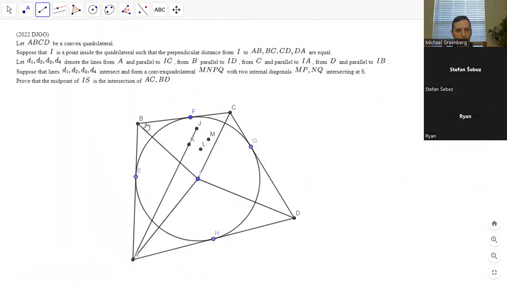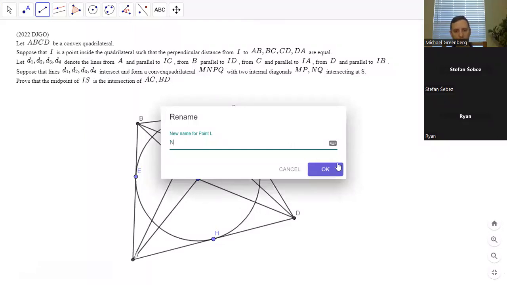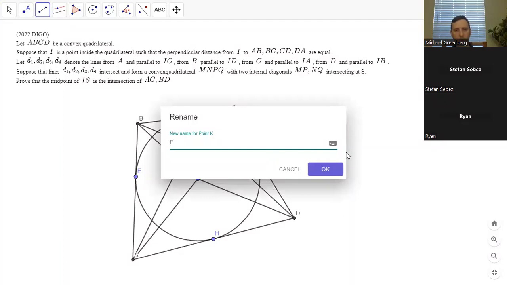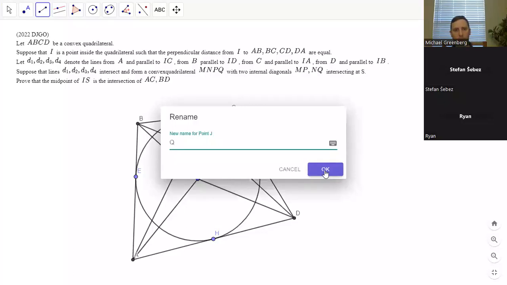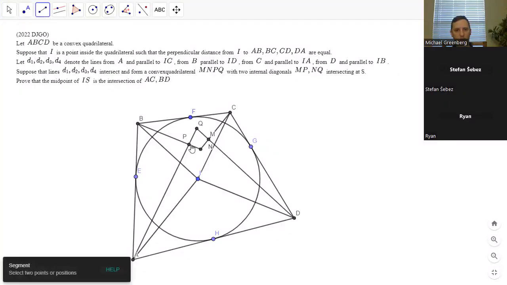So we have this, this, this, and this. N, P, Q. And MP, so those intersect at S.